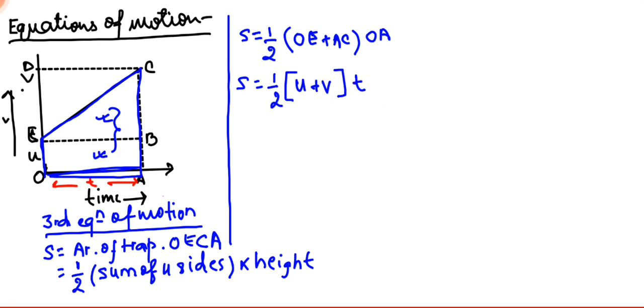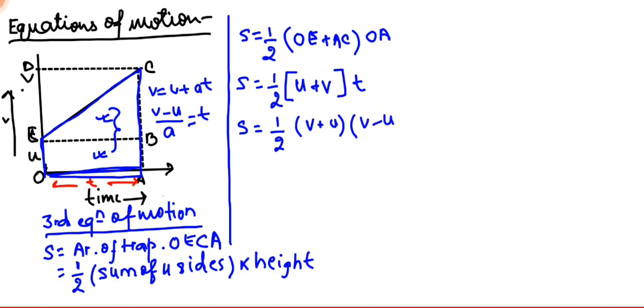And students, from the first equation of motion, we know that V is equal to U plus AT. So from here, we can write V minus U upon A is equal to T. So we can replace T with V minus U upon A. So S is equal to 1 by 2 into V plus U into V minus U upon A. Here in the denominator we have 2A.